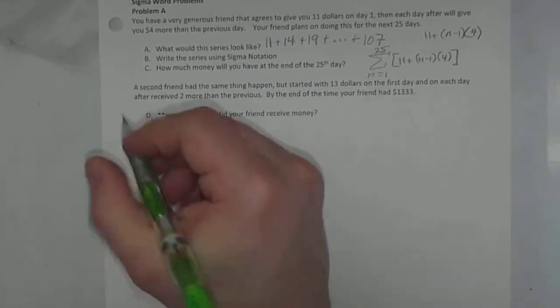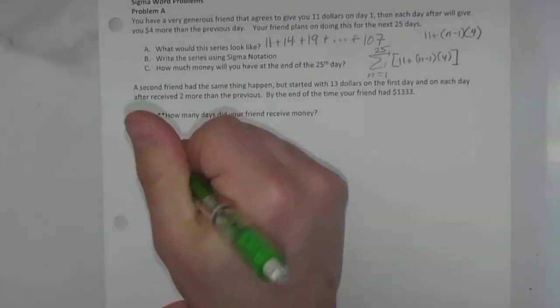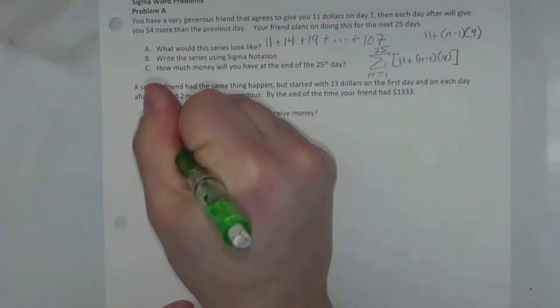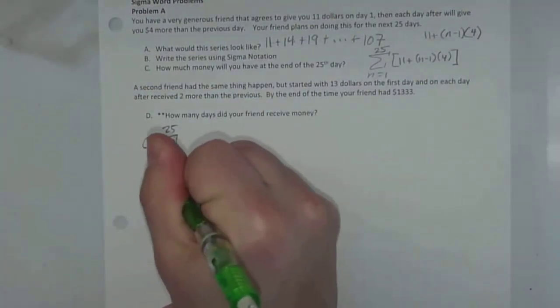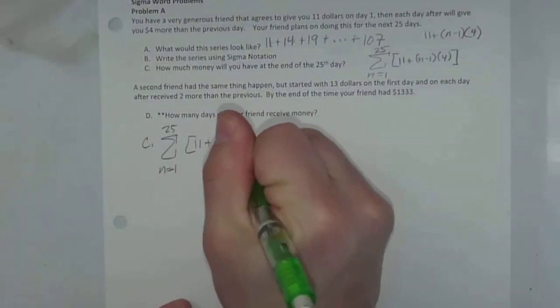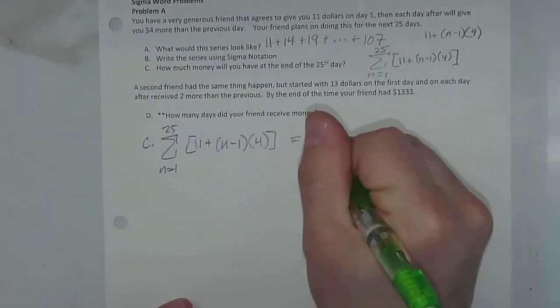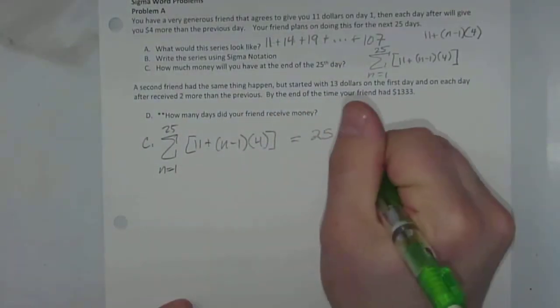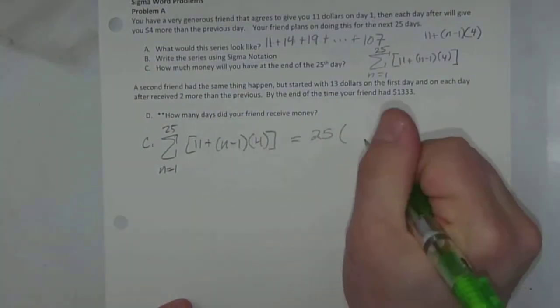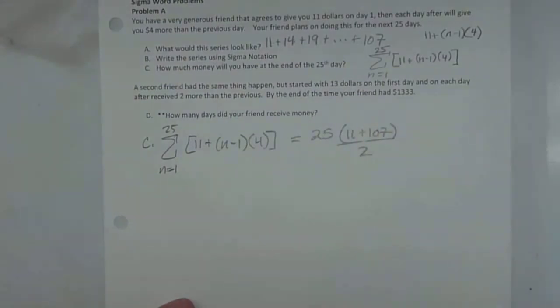Part C, I'm going to write down here. So part C now says, how much money will you have at the end of the 25th day? Meaning your friend has given you that money for 25 days. What is the total amount? So we know that the sum of an arithmetic sequence will be equal to the number of terms times the sum of the first and last terms divided by 2.